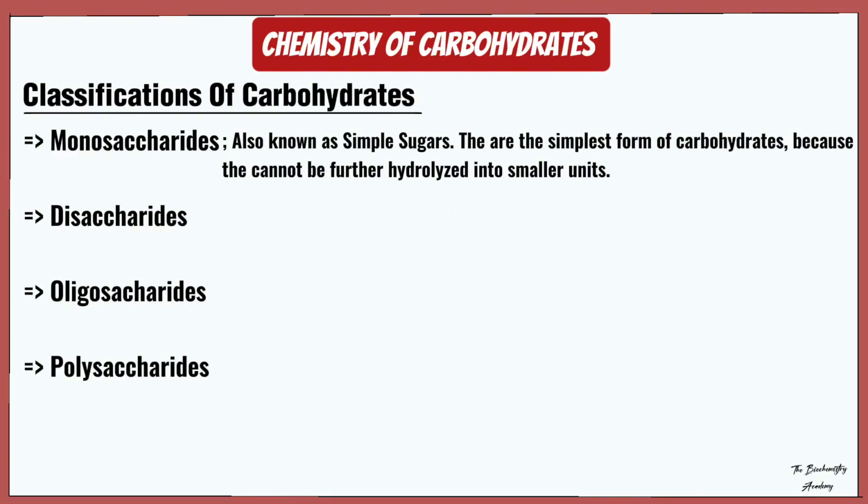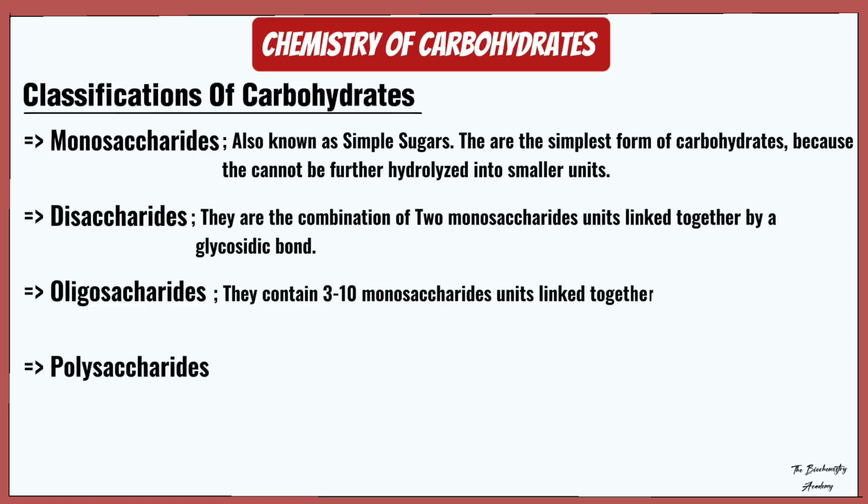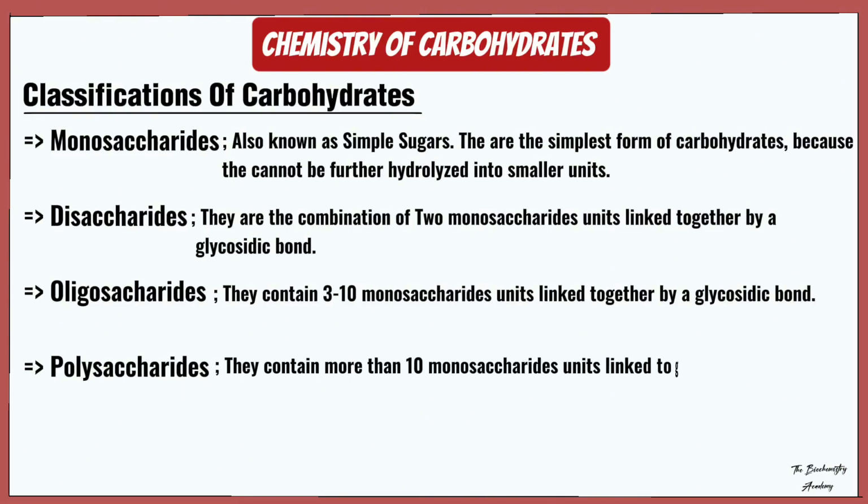Disaccharides are the combination of two monosaccharide units linked together by a glycosidic bond. Oligosaccharides contain 3 to 10 monosaccharide units linked together by glycosidic linkages. Polysaccharides contain more than 10 monosaccharide units.